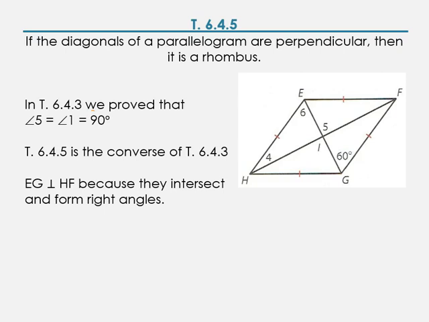In 6.4.3, its converse, we prove that angle 5 is congruent to angle 1, and that they're 90 degrees. So if they're 90 degrees, then they have to be perpendicular to each other. So EG would be perpendicular to HF because they intersect and form right angles.